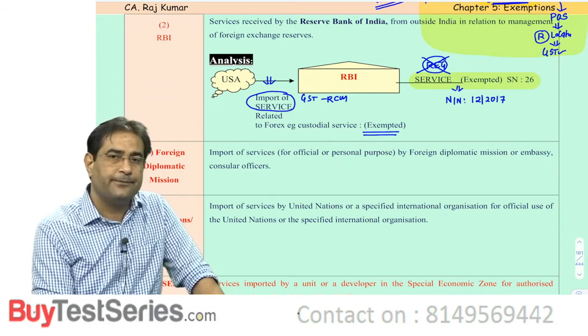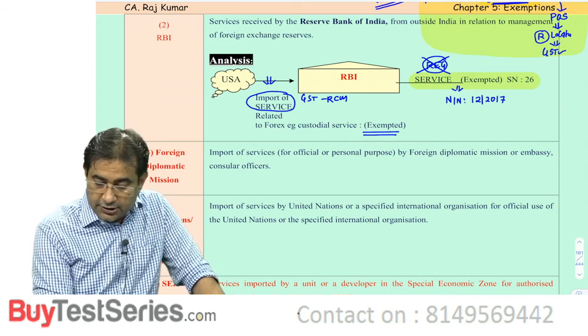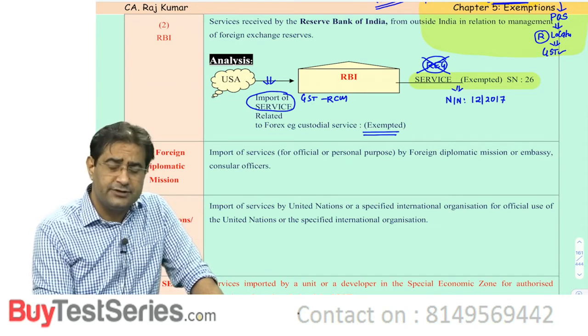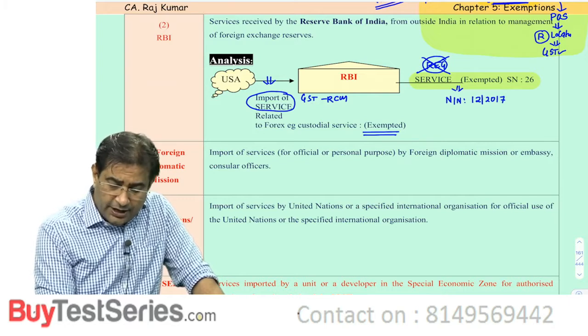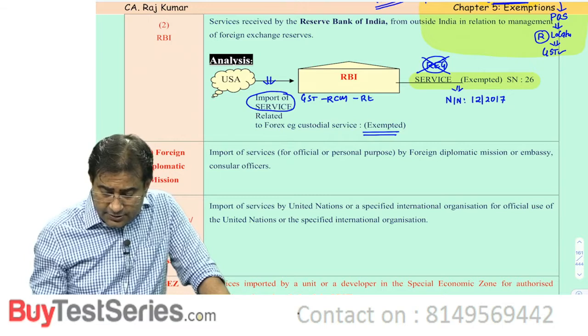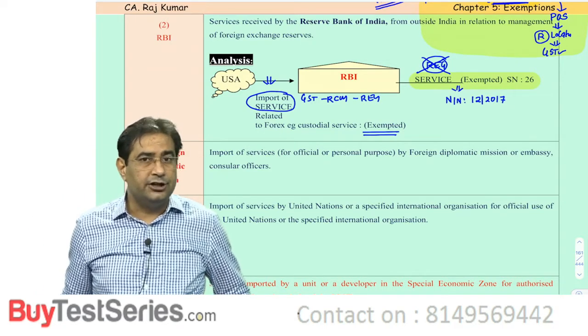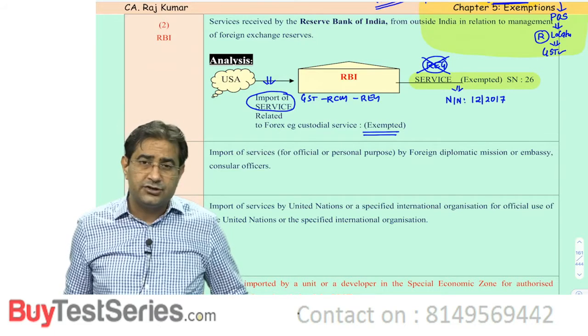Section 23 of the CGST Act talks about this. But just for importing the services, RBI would need to get registered under reverse charge mechanism, because in case of applicability of GST under reverse charge mechanism, there is a provision of mandatory registration.